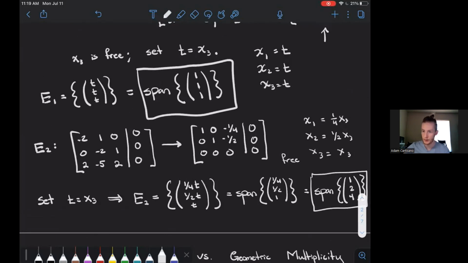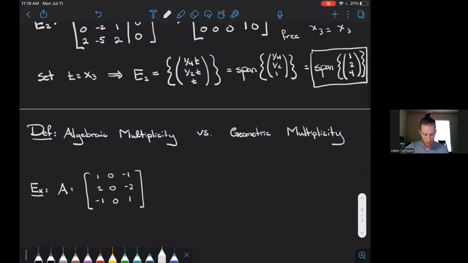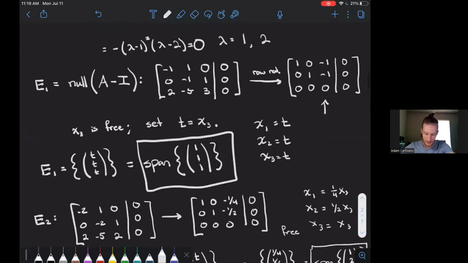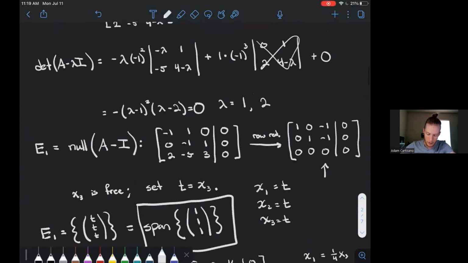Okay, so it wasn't so bad. The computation is lengthy, but not terrible. Before we do another example, I want to point something out. Notice something interesting happened. Lambda equals 1 showed up as a root of the characteristic polynomial, but it was a double root.